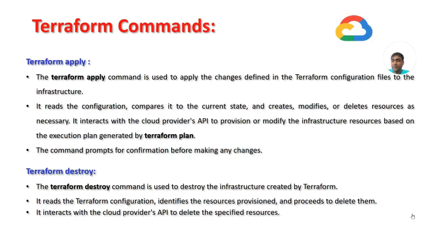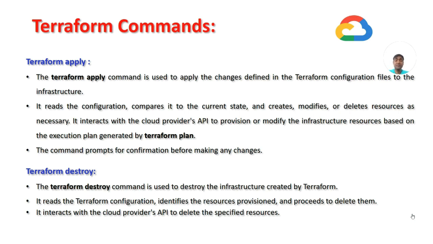Guys, as you can see here, the terraform apply command is used to apply the changes defined in the Terraform configuration file to the infrastructure. It reads the configuration, compares it to the current state, and creates, modifies or deletes resources as necessary.